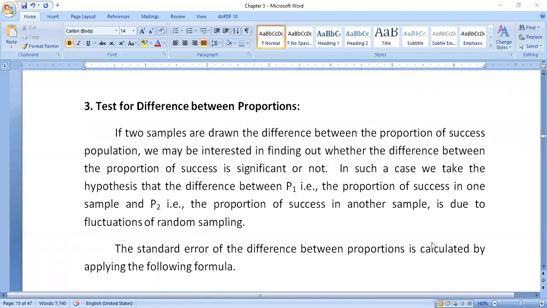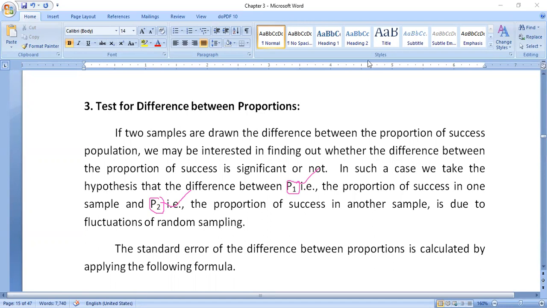In such a case, we take the hypothesis that the difference between p1, the proportion of success in sample number 1, and p2, the proportion of success in sample number 2, is due to fluctuation of random sampling.